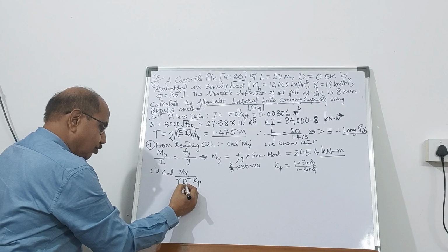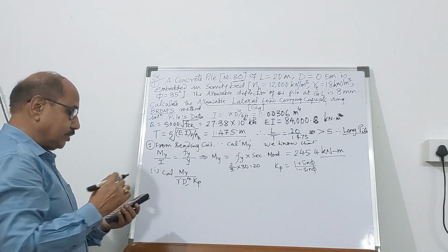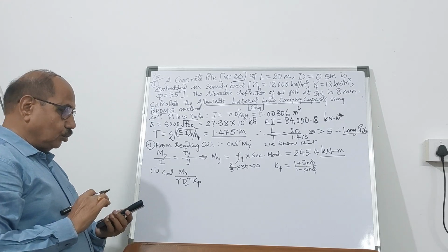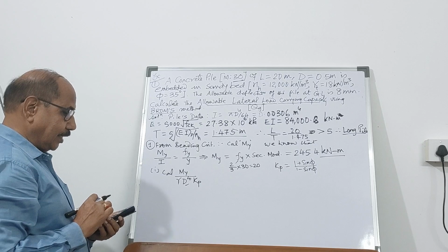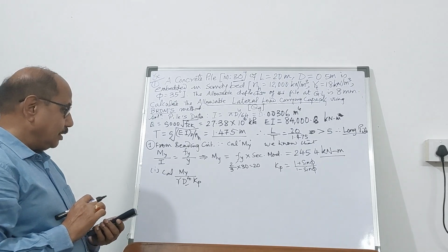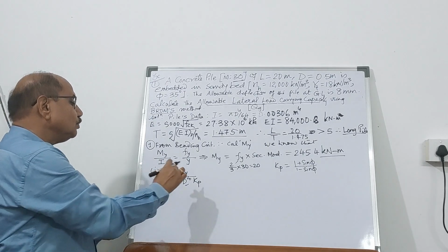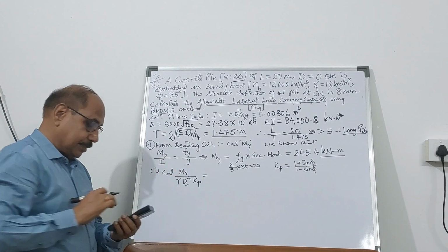D is already known, therefore My is already known. So substitute all the values in order to get the dimensionless quantity My divided by gamma d to the power 4 into Kp. It is a dimensionless quantity, and let us calculate it.